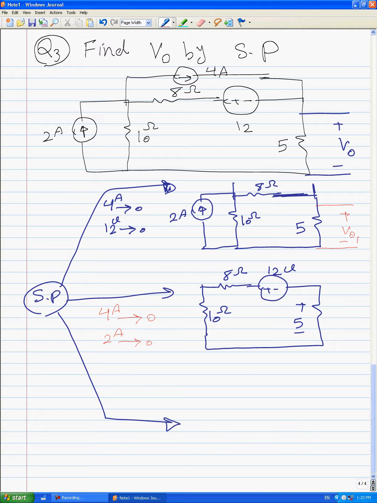The output voltage in this part should be Vout2. And for the third part, 2 amps should be 0 and 12 volts should be 0, and we are only considering 4 amps. The circuit should be like this.